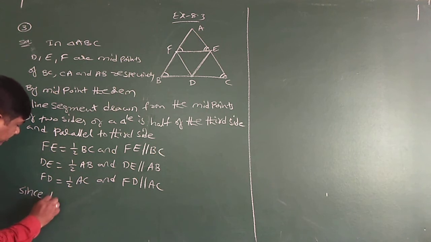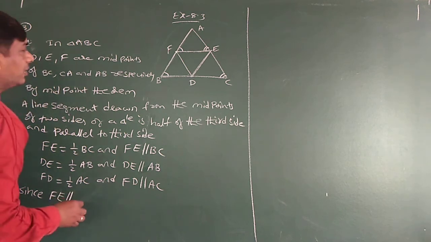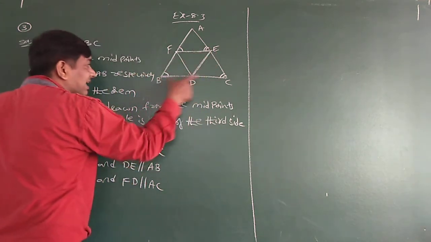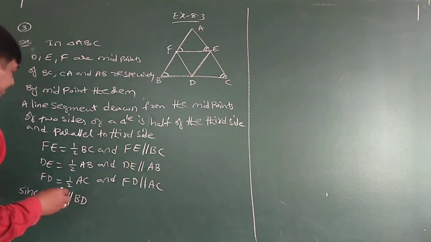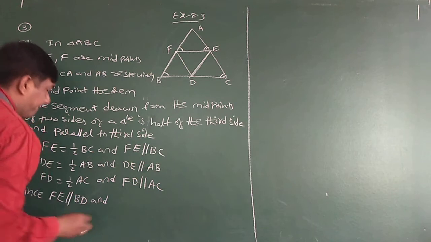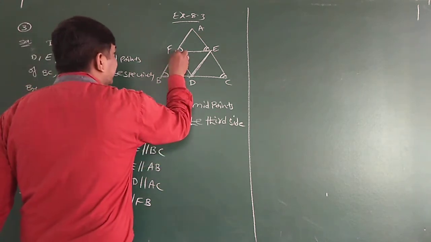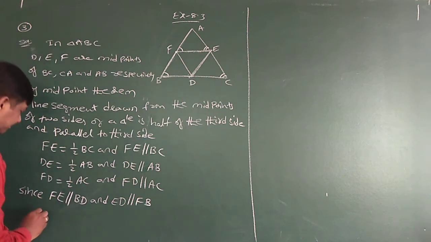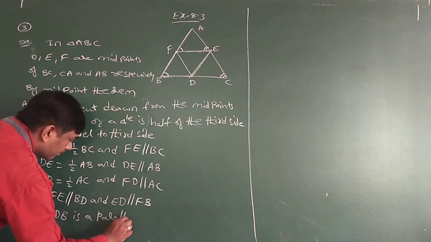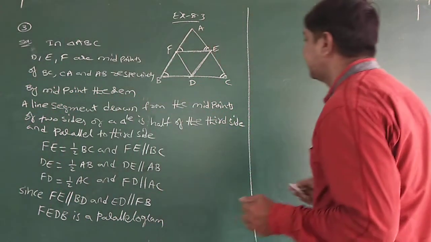Since FE is parallel to BC and BD is a part of BC, automatically FE is parallel to BD, and DE is parallel to FB. So FEDB is a parallelogram.